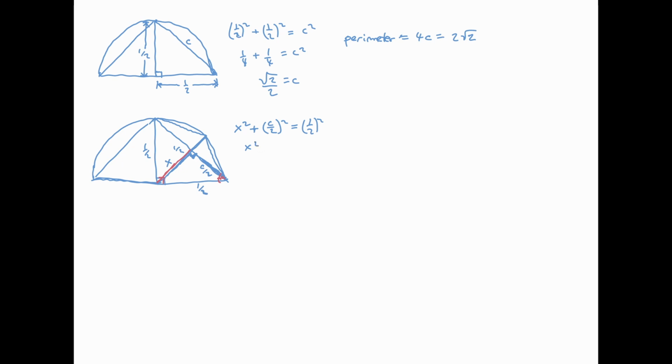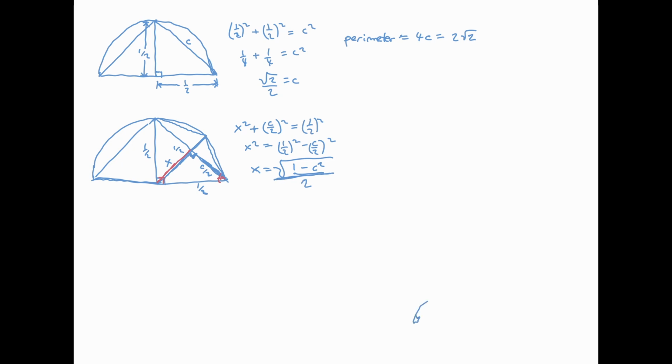So that means x squared is equal to 1/2 squared minus c over 2 squared, which means x is equal to the square root of 1 minus c squared over 4, which, taking the square root of 4, would give us 2. So that's the value of x.